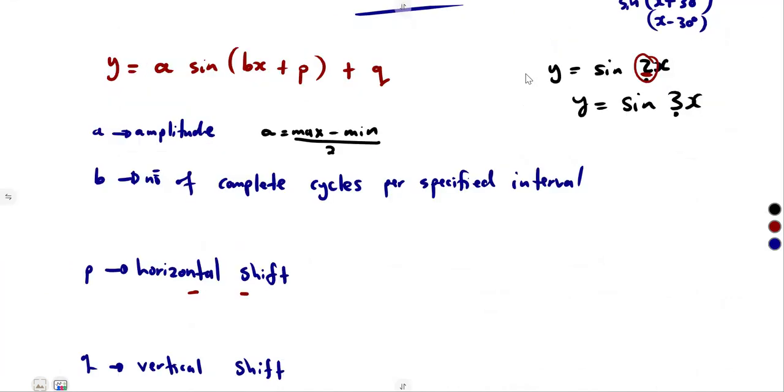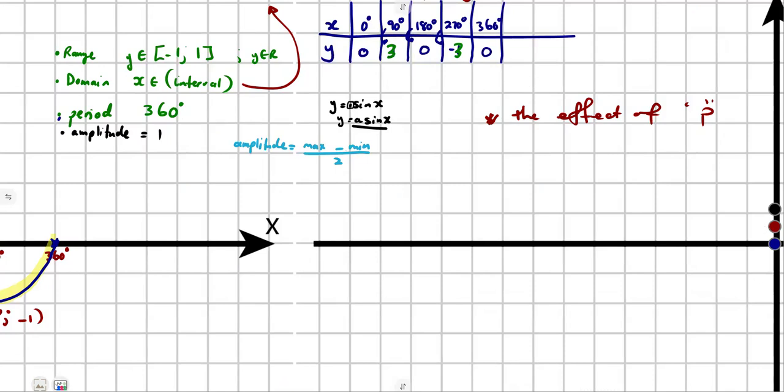Remember when we dealt with a horizontal shift from the functions and graphs, where we're given f of x plus a, f of x minus a. I say that for f of x plus a, it means we are going to the left a units to the left.